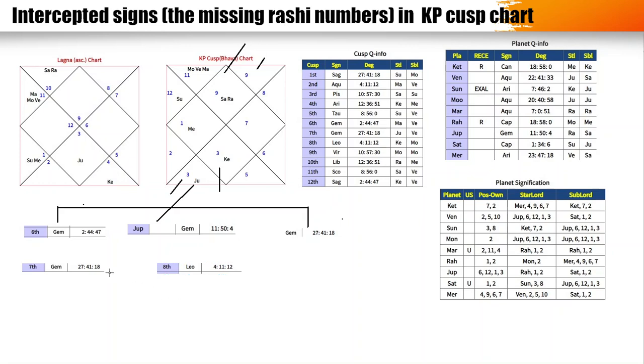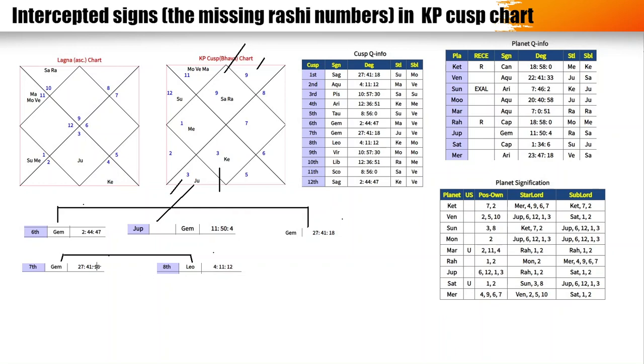So this particular thing you have to keep in mind when you are trying to understand what is the intercepted cusp. The seventh cusp span is from Gemini to Leo. So what is missing is Cancer. You don't find the Cancer sign over here. Similarly, it's going to happen 180 degrees apart, so you find the Capricorn sign is also missing over here.